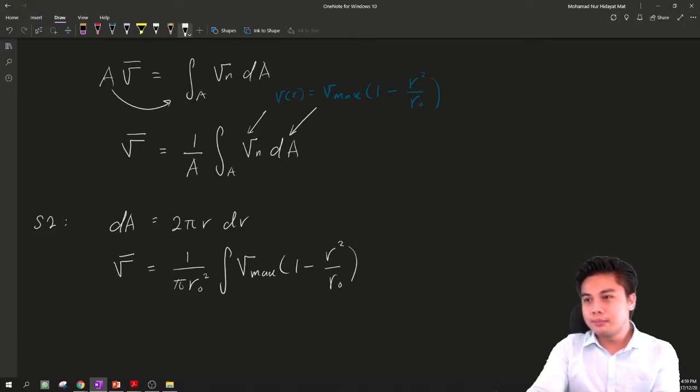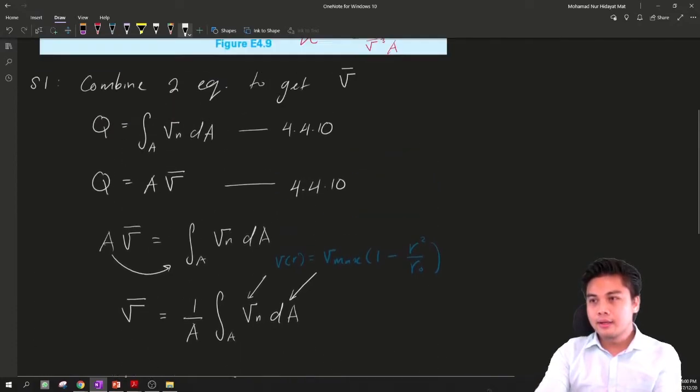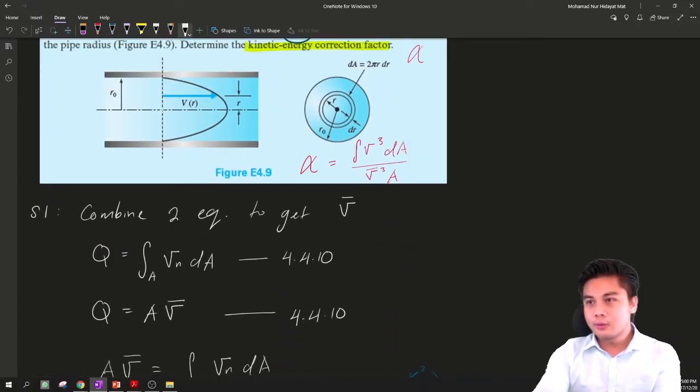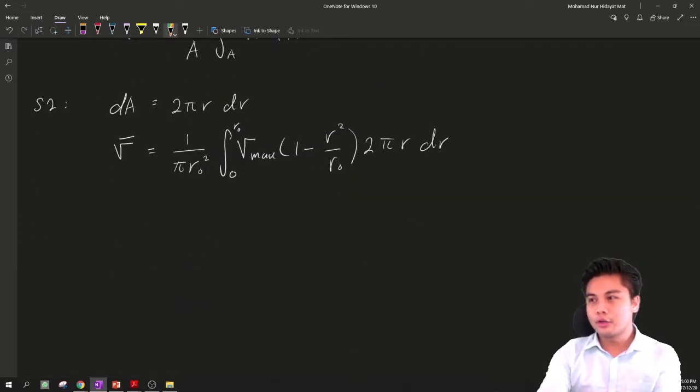And dA we replace with 2 pi r dr. You can see that this is with respect to radius dr. Definitely we're gonna integrate with respect to radius from 0 to R naught. So 0 to R naught.